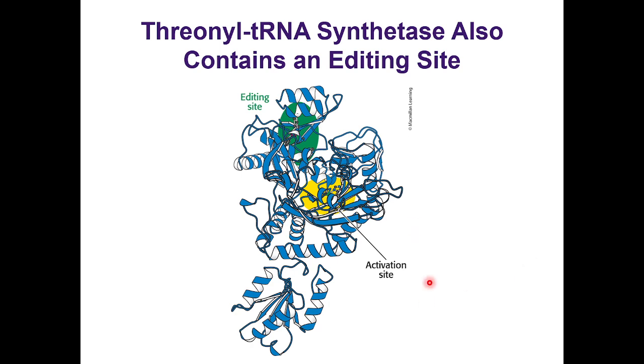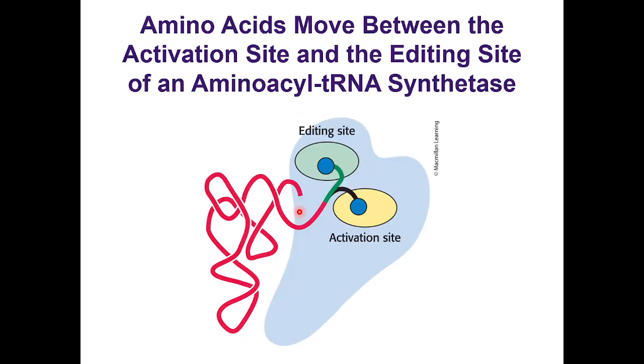And this is this right here. This is the active site. And then this is the editing site right here. You can see that this can swing up in here if it's a serine. And this is abstracted, so you can actually see it a little easier. Okay? And again, that would be that CCA arm. Can everybody see the tRNA right here?